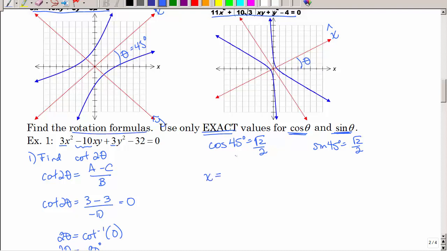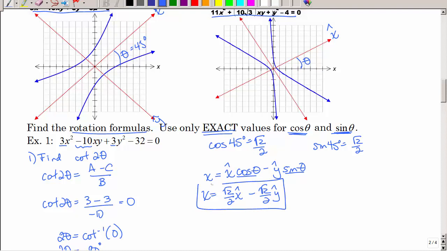So remember, the formula is x equals x hat times the cosine of theta minus y hat times the sine of theta. So just substituting those values in. That's one rotation formula.